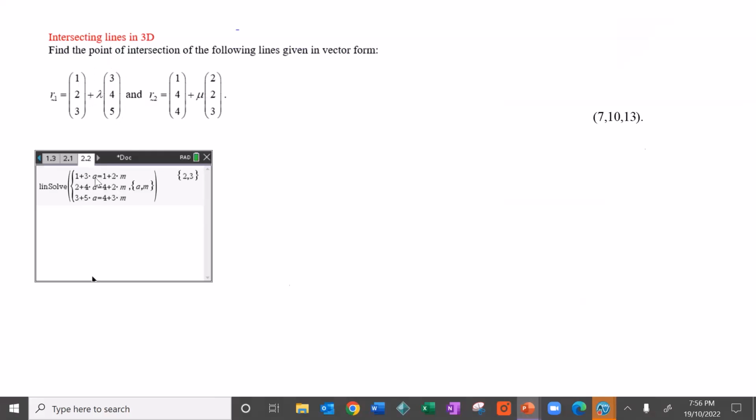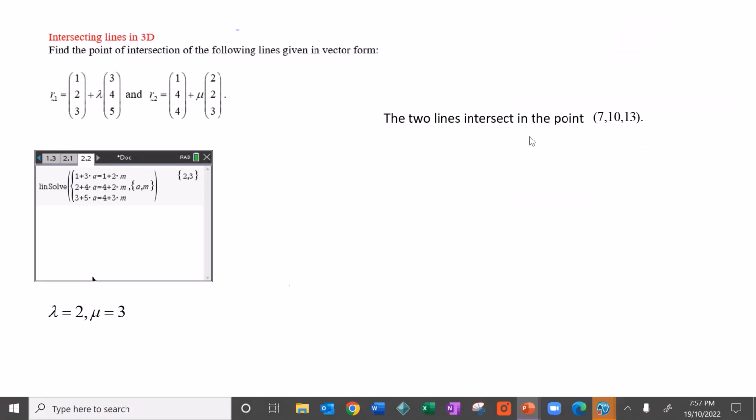So 1 plus 3 alpha, 2 plus 4 alpha, and equal x coordinates, equal y coordinates, and equal z coordinates. And the calculator will give us alpha and mu. And once we know alpha and mu, substitute into either to get the point of intersection.